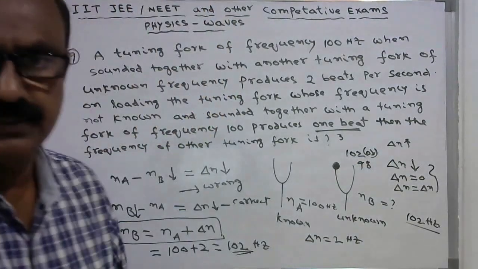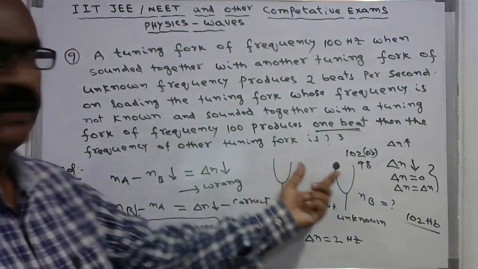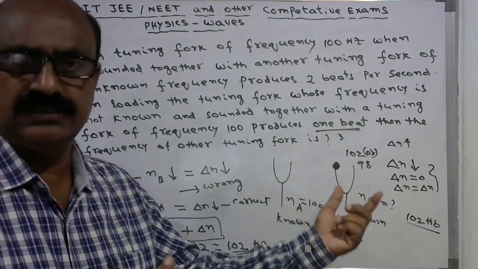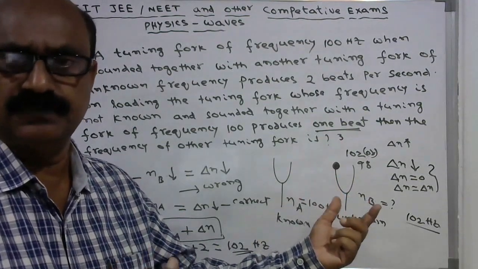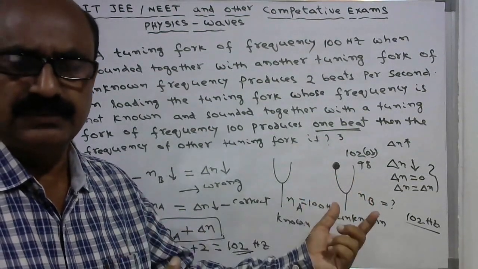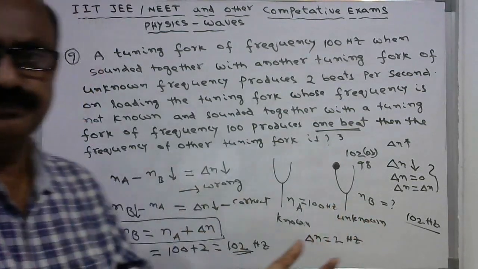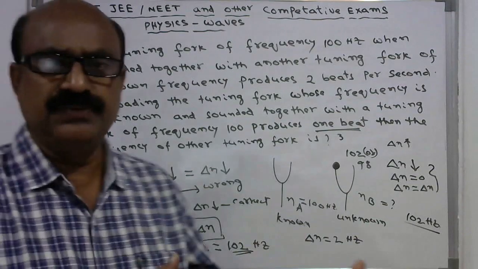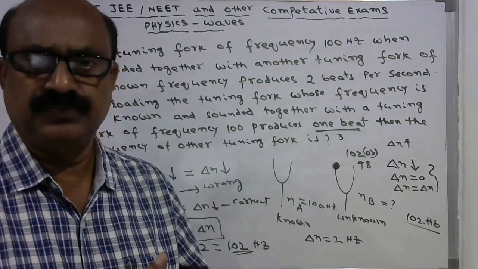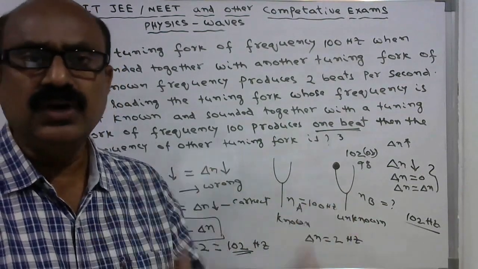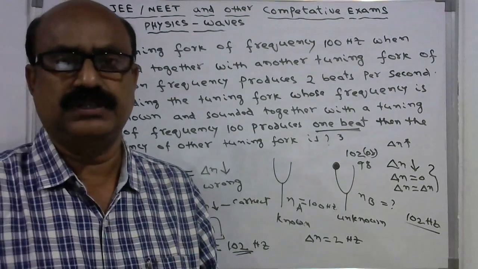But which is correct? That depends upon waxing. During waxing, if beat frequency is decreased, then you have to take the higher value. If the beat frequency increased, then you have to take the lower value. That is the most important point on waxing.